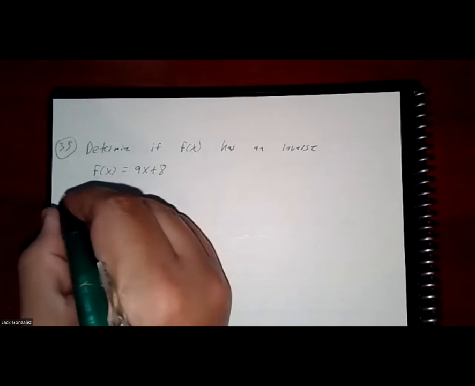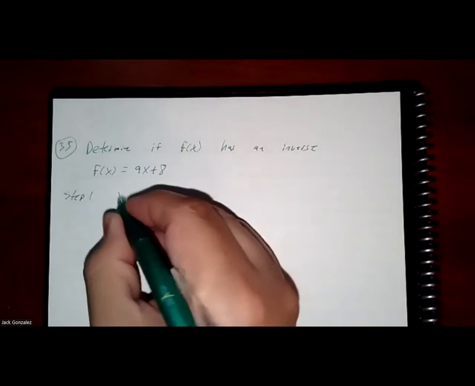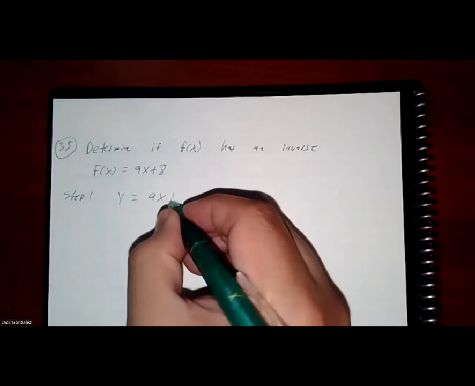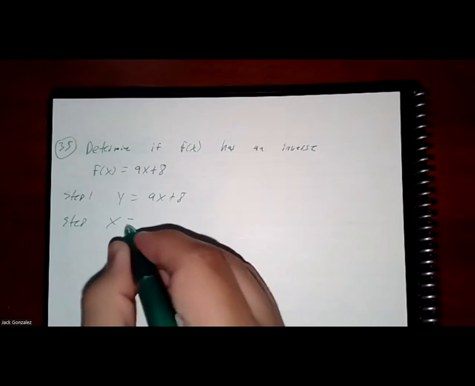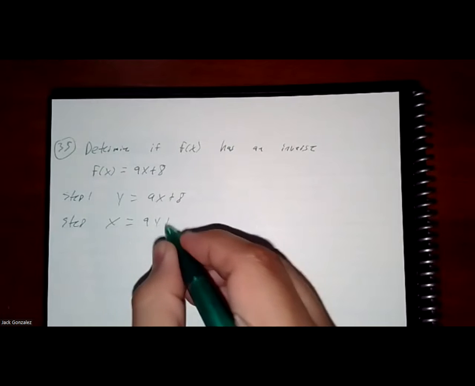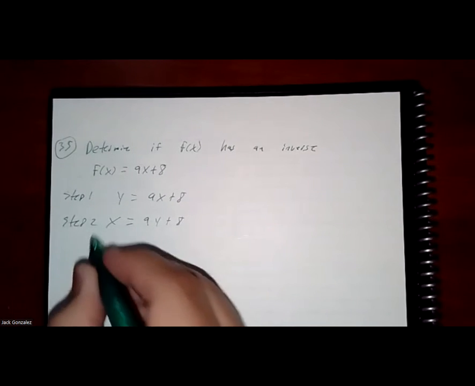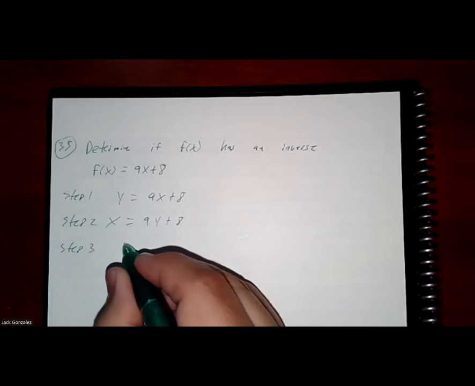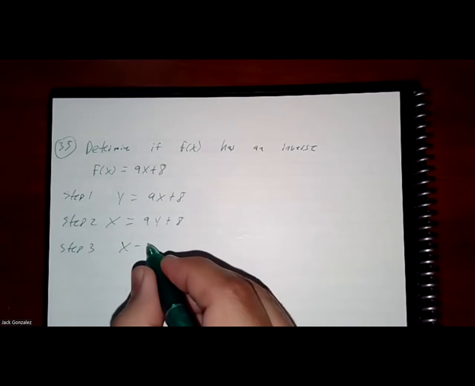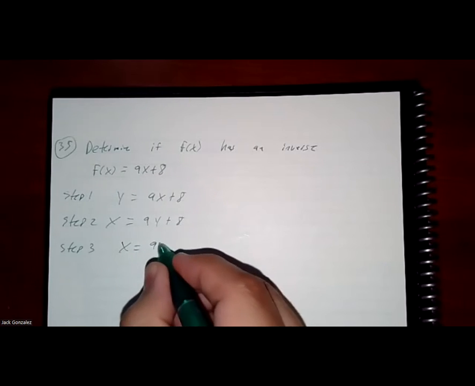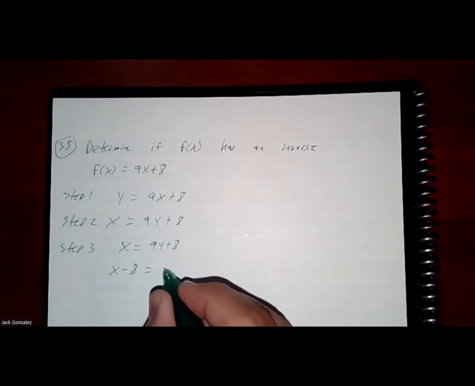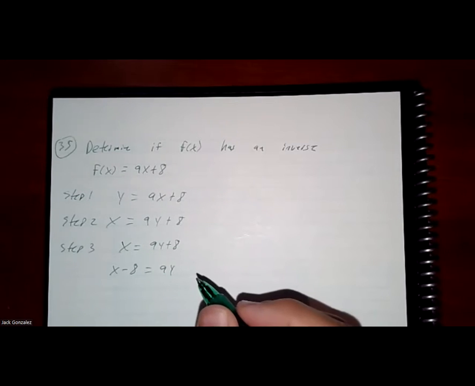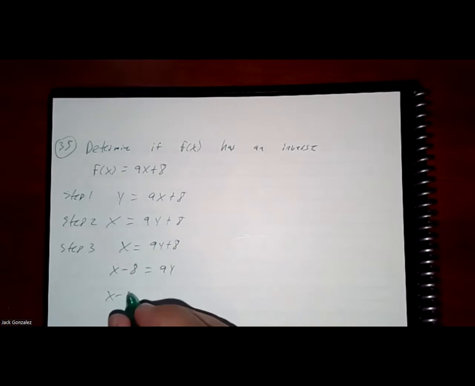So remember how the rule said, step 1, change f of x into y. Step 2, change the x's and y's, swap the positions. Step 3, we said solve for y. So we're gonna subtract the 8 first. Divide by 9.